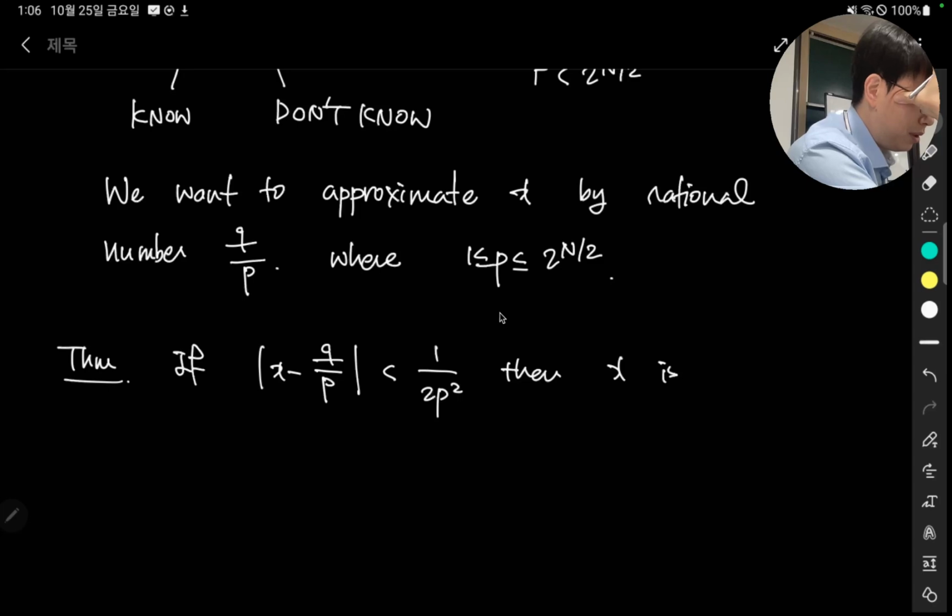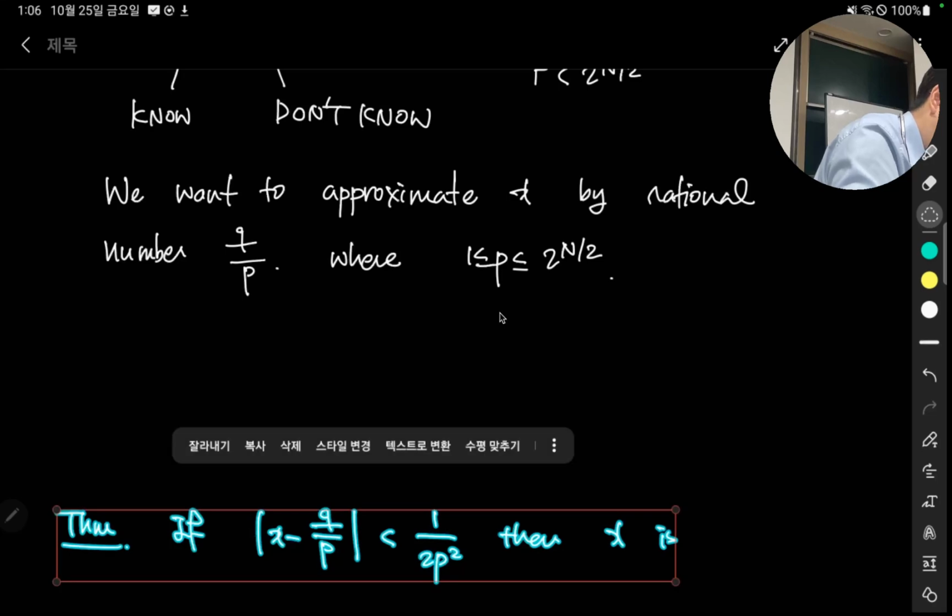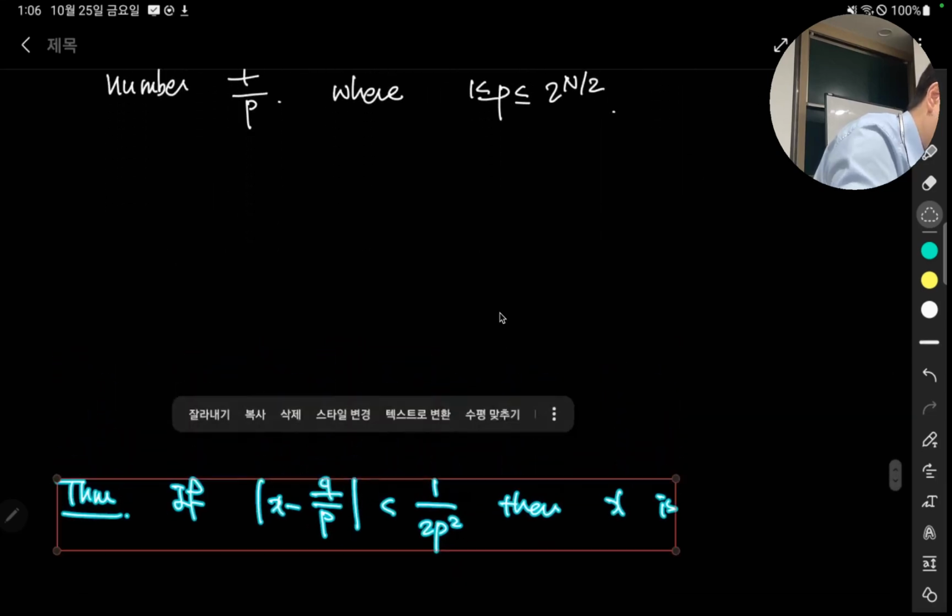I should introduce some terminology before I state the theorem. Okay, so let's leave this theorem a little bit behind until we explain the terminology here.